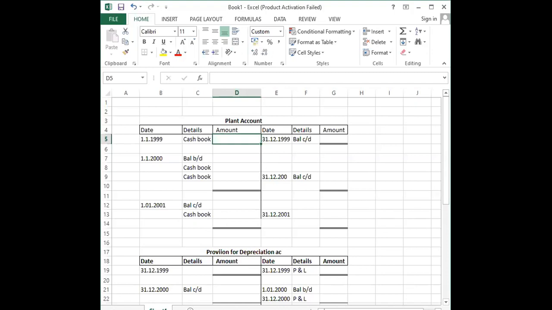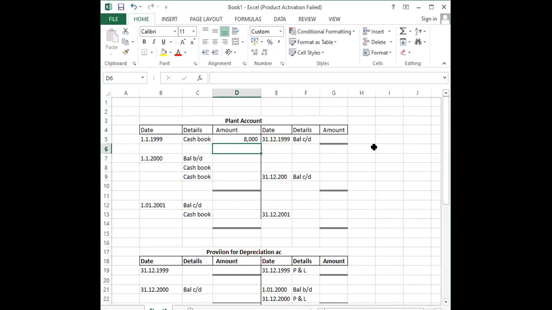But we bought it at how much? Someone tell us, at what amount did you buy the machine? 8,000. And therefore, in our account, remember, this is an asset. So we debit it with 8,000.